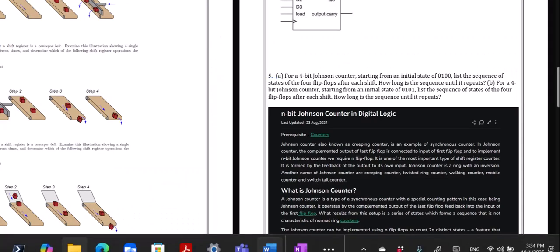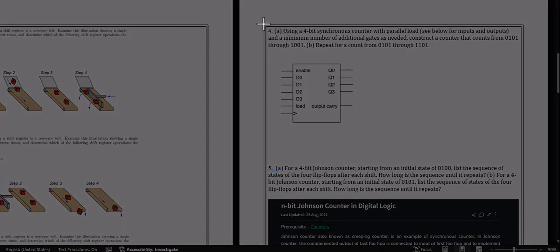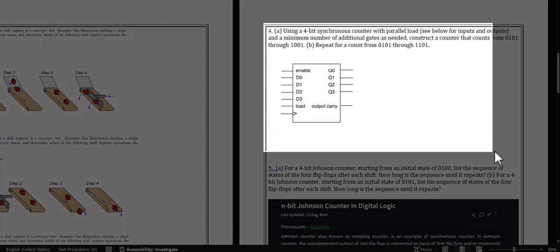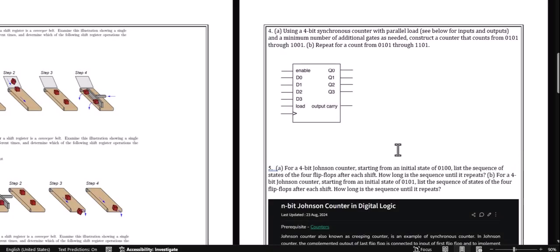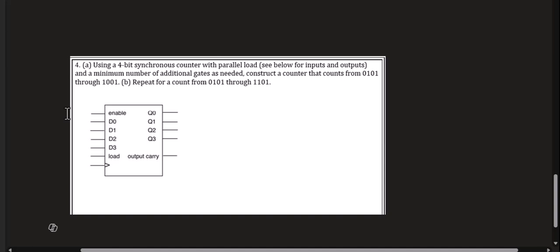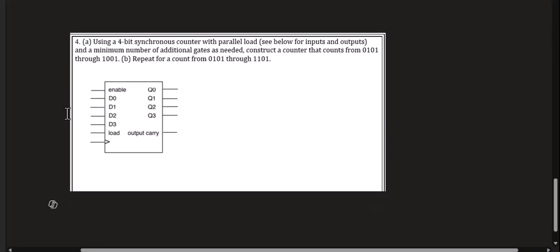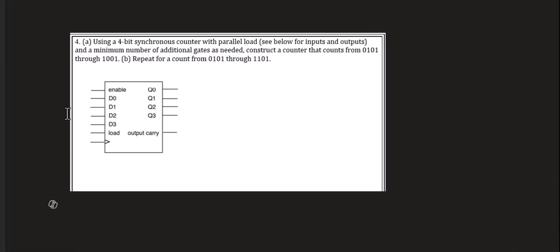All right, so now let's take a look at our first problem. Well, I guess the timing chart was a problem, but okay, using a 4-bit synchronous counter with parallel load, see below for inputs and outputs, and a minimum number of additional gates is needed to construct a counter that counts from 0101 through 1001.